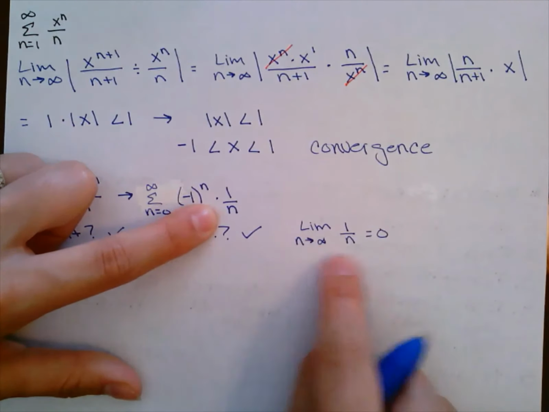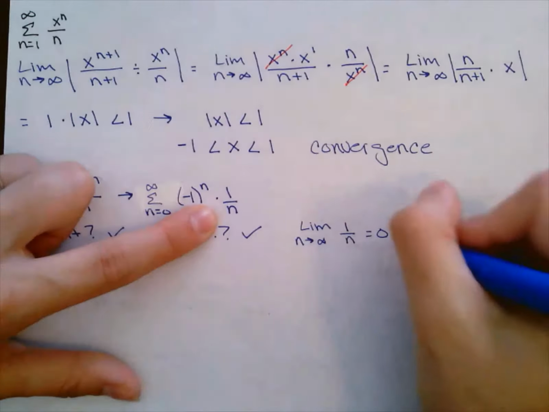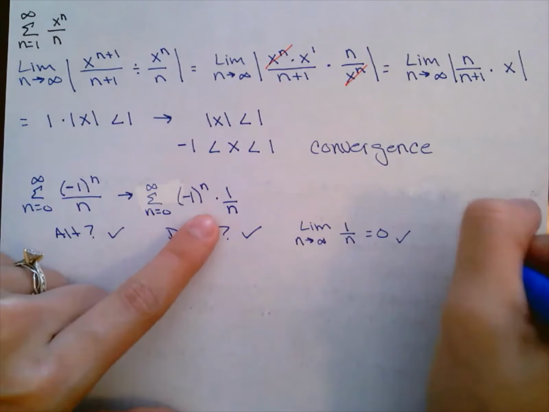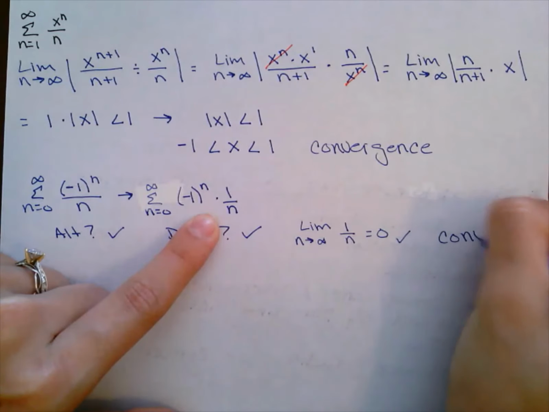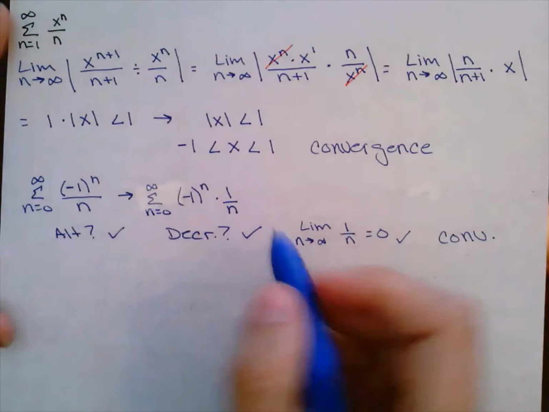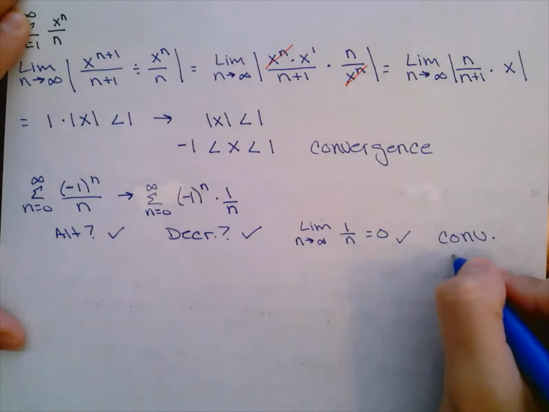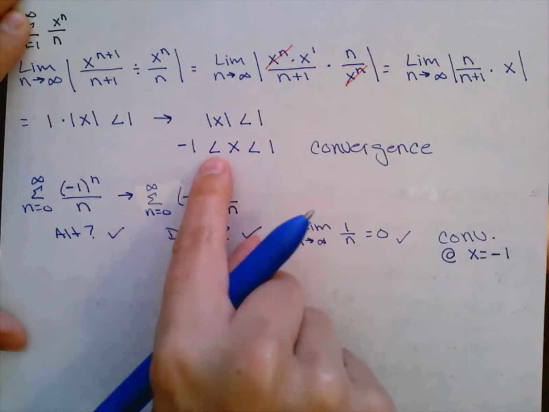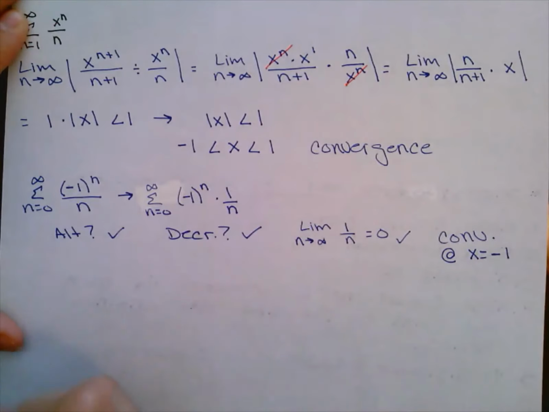Well, if I put infinity here, this is bottom heavy and it does equal 0. So yes. So by the alternating series test, I know that this does converge. Okay, so it converges at x equals -1, which means I'm going to add that little mark. I'll do it at the bottom though, okay?